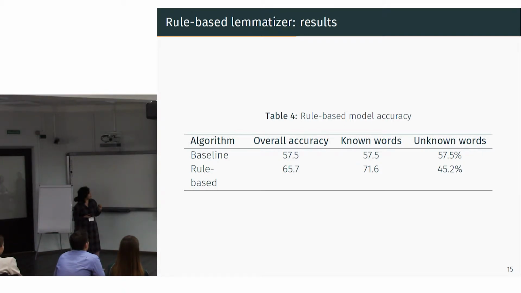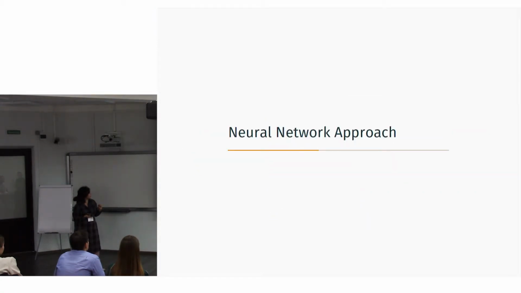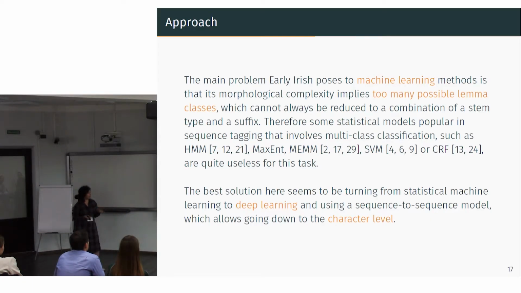So I turned to machine learning, and here are some details. We can have a look later. So I turned to neural networks and sequence-to-sequence modeling. Why did I not choose any other algorithm, for example multi-class classification with the possibility to automatically learn suffixes and classify letters?